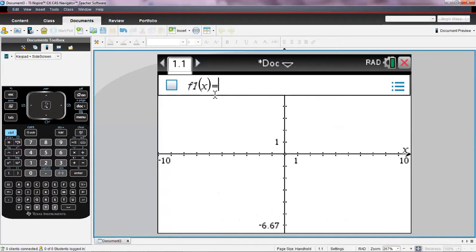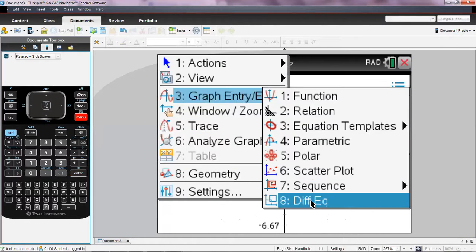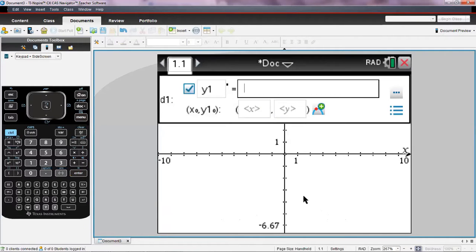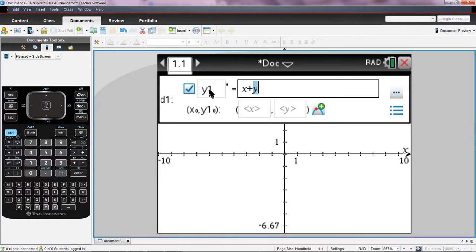So I again do graph, menu, differential equations, and then I put x plus y. Remember, this y is not this y right here.